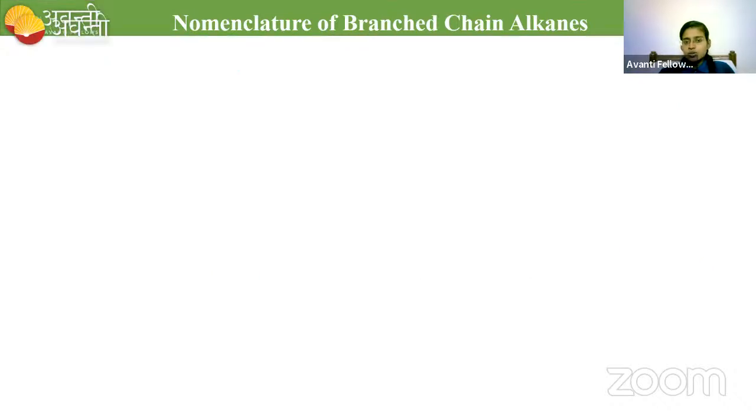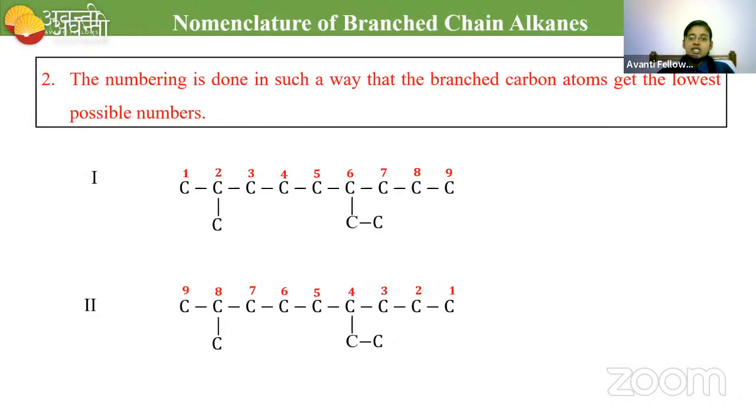After finding this out, secondly, you have to start numbering in such a way that the branched carbon atoms get the lowest possible number. Here in this compound, I have taken only the carbons of the previous compound; I did not mention the hydrogens.